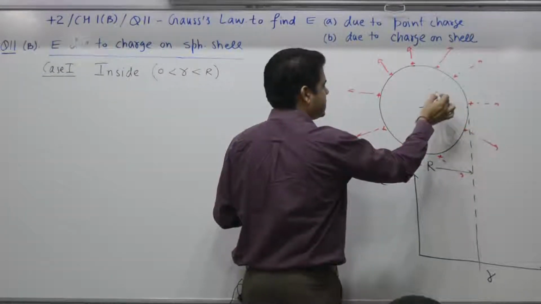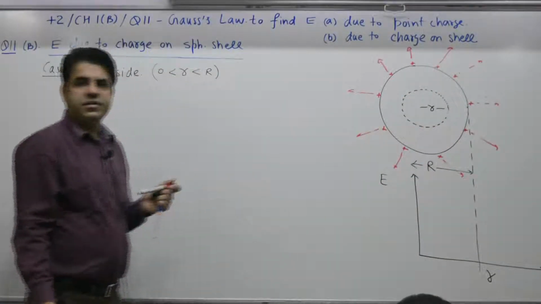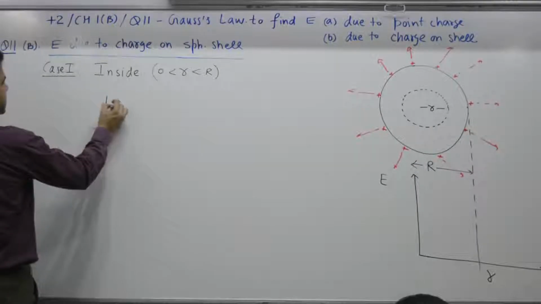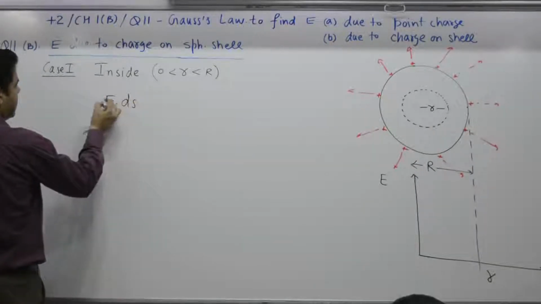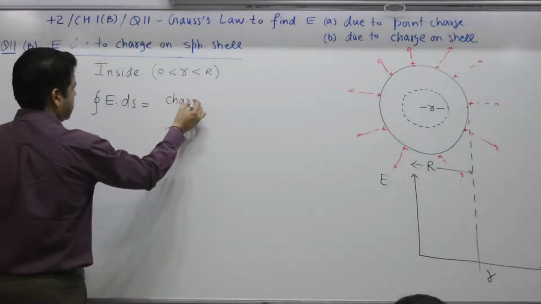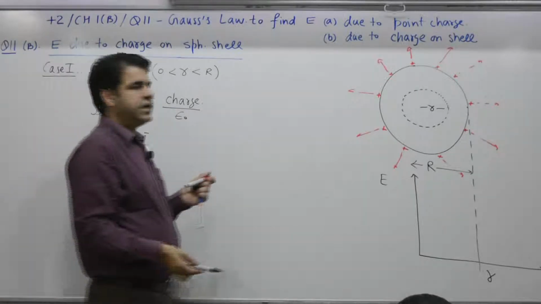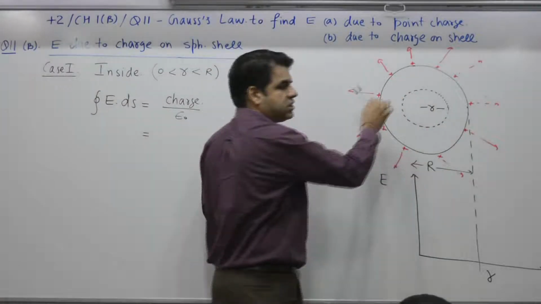Step 1, draw a Gaussian surface. The closed surface integral of E dot dS is equal to the charge contained divided by epsilon naught. What is the charge contained inside? There is no charge inside this. Why?